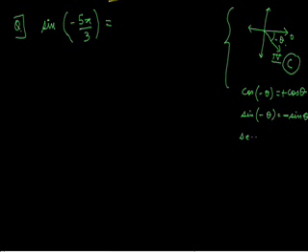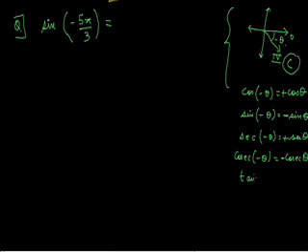Let's do it. Sec of minus theta will be sec theta only. But in the fourth quadrant, since secant of theta is positive, we will give a plus sign to it. Let's talk about cosec of minus theta. It will be cosec theta only, but in the fourth quadrant, cosec is negative, so we will put a minus sign over here.